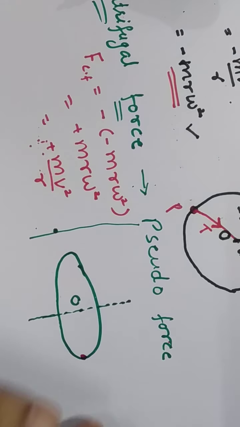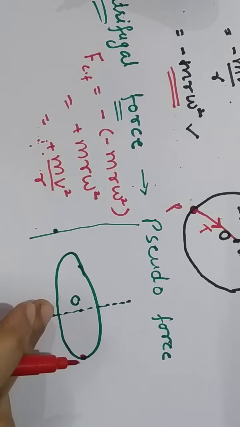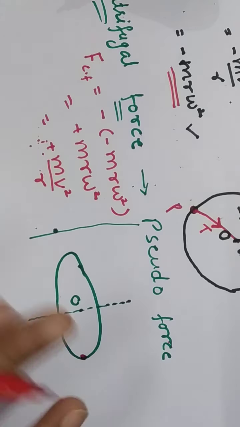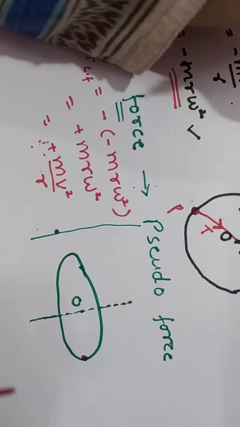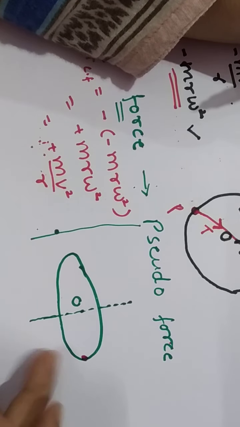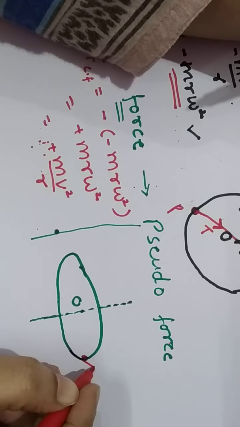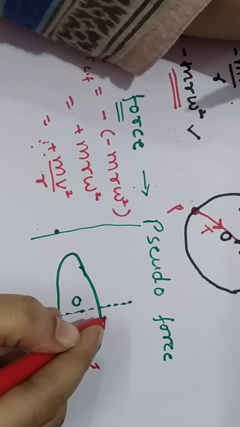Initially assume that you are stationary, this turntable is not moving, both of you are stationary, you are in an inertial frame of reference. Suppose somebody suddenly sets the turntable into rotation.